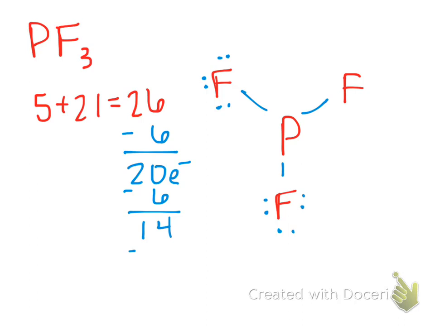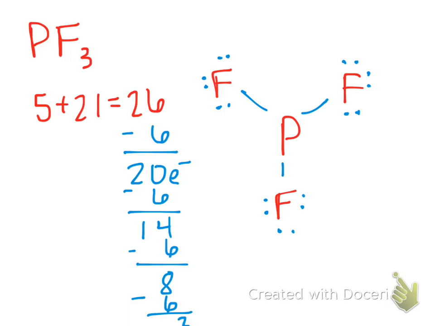So I use 6 more. That leaves me with 8. I'll do that with the last fluorine. Remember we have 4 sides to our atoms, so you try to add them on those 4 sides. Not a huge deal, but please at least make sure that you can tell that they are paired. So I've done another 6. That leaves me with 2.